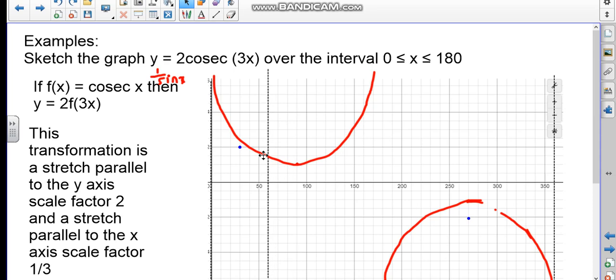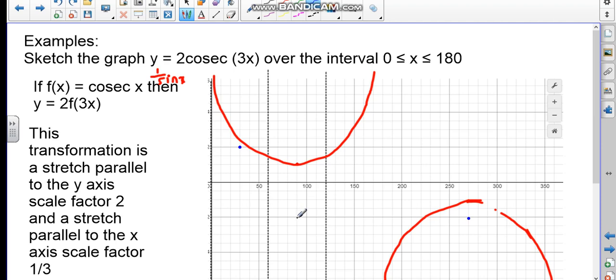So you can have a picture of what's going on. The asymptote here is at 360. Divide that by 3, it's going to give me 120. This was at 270. If I divide that by 3, I get 90, so my maximum now is going to be at 90, which is here.